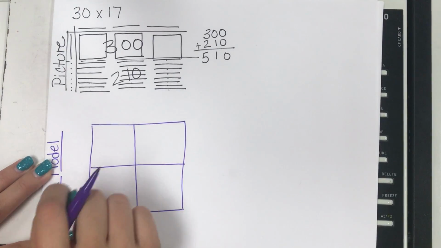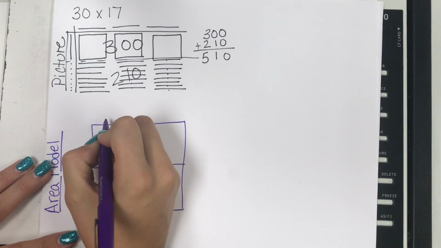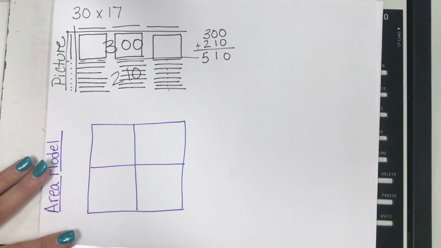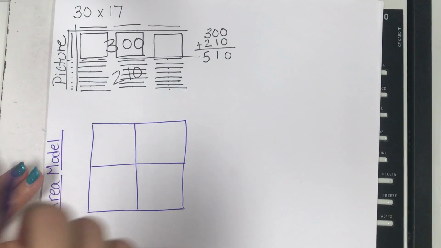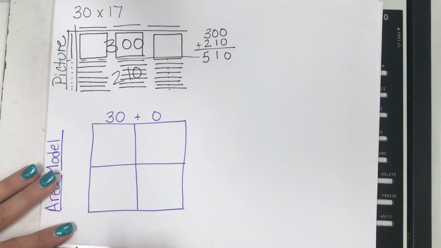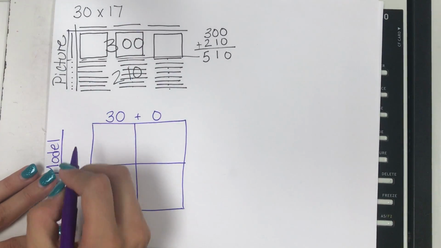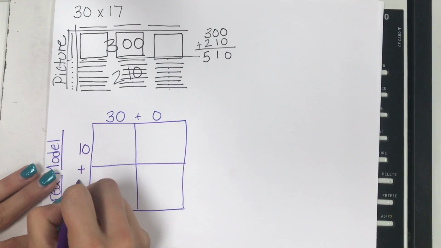So if I was going to write 30, how would I write that in expanded form? You could write 10 plus 10 plus 10, but if I want to write it in normal expanded form, 30 plus 0. All right, and then I'm going to take 17. How would I write that? 10 plus 7.